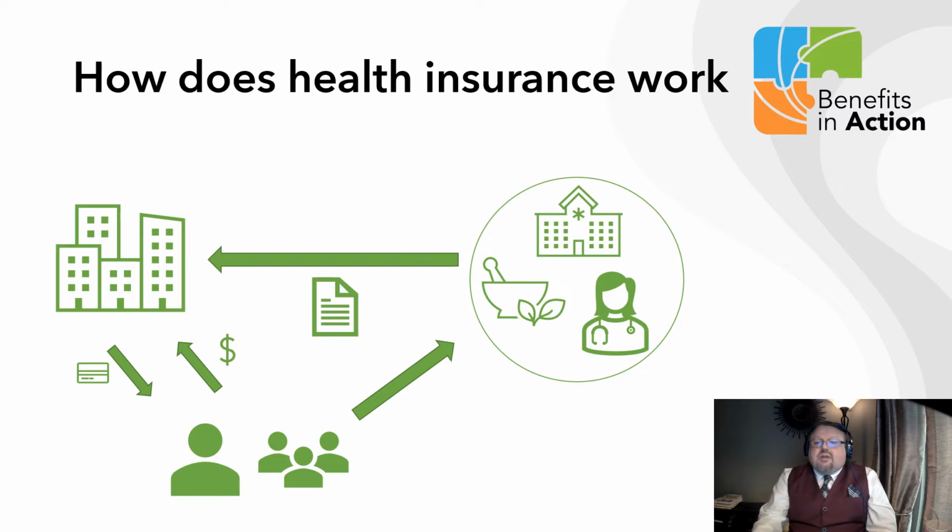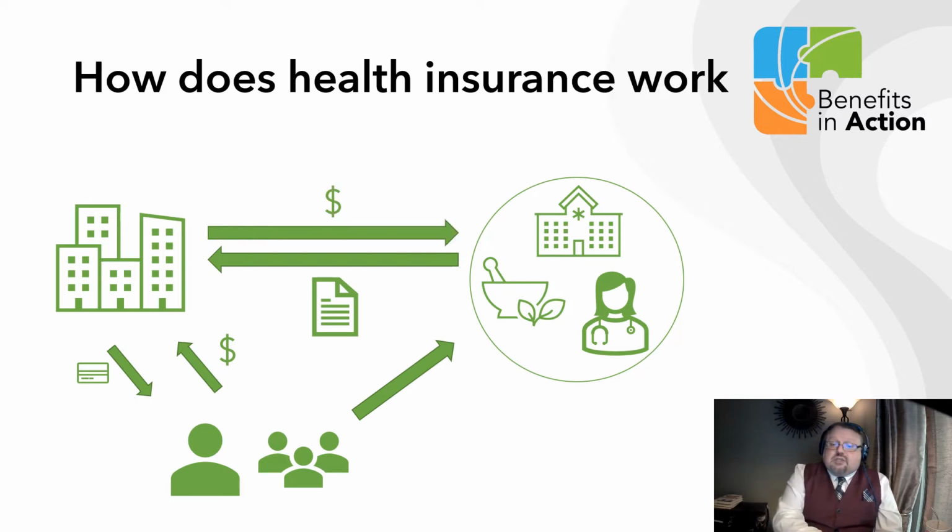Those providers have a relationship with the health insurance company as well, or in the case of Medicare, with the federal government through the Medicare fee schedule. So these providers have agreed to accept certain rates from the health insurance company or from Medicare to provide care for the individuals that are within those networks. So there's a lot of money going around in this circle here, or in this triangle.